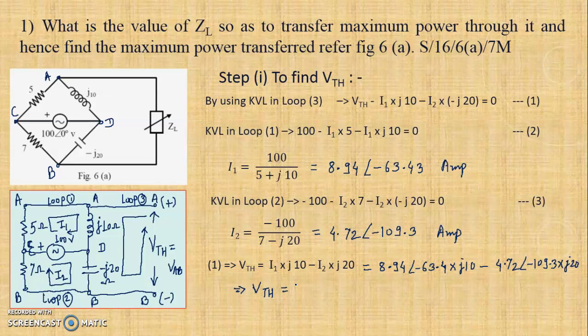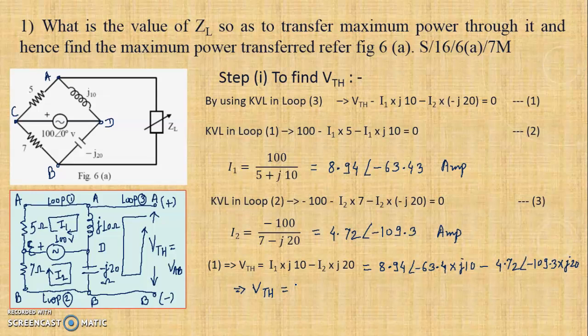So 8.94 angle minus 63.43 multiplied by 10J minus 4.72 angle minus 109.3 into 20J.